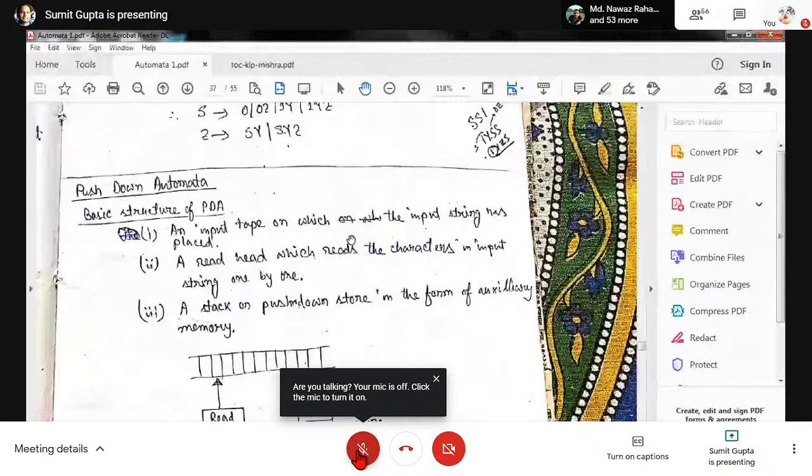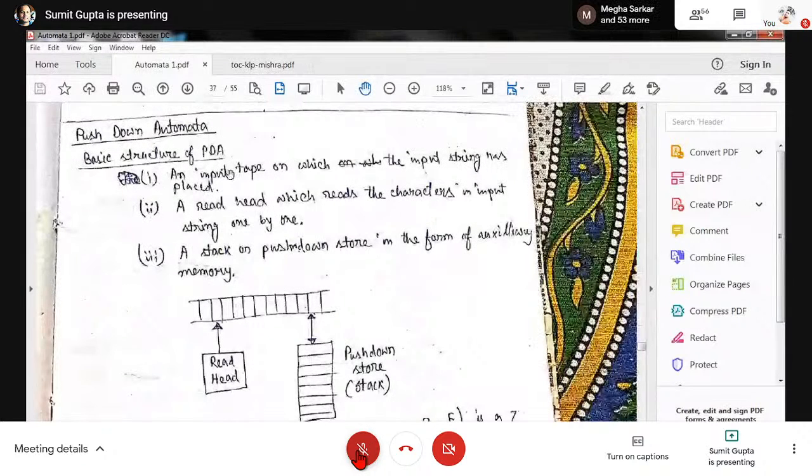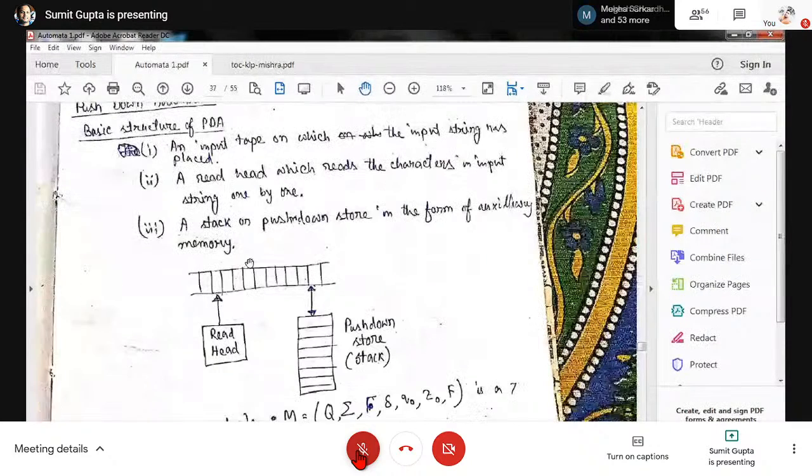Okay, let's start PDA, push down automata. So this is the basic structure of PDA. It comprises an input tape on which the input string has to be placed. This is the input tape, and we have to apply an input string on this input tape. There will be a read head which reads the characters in the input string one by one.